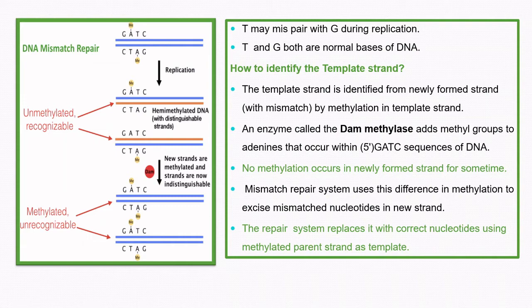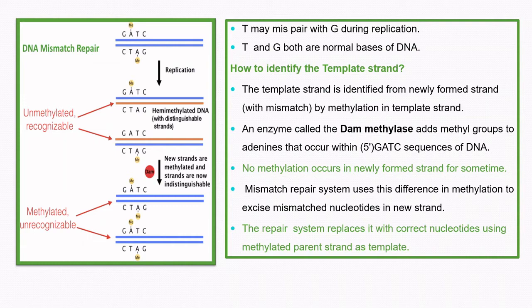The question is how to identify the older template strand from the newly synthesized strand where the mismatch is located. You see, most of the mismatches happen during replication. So it is the daughter strand that would be carrying the mismatch, and the template strand would be a normal strand.